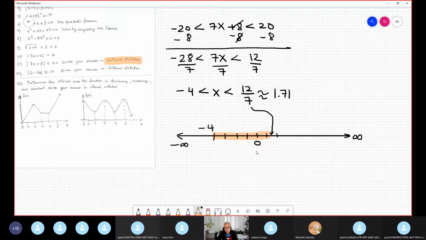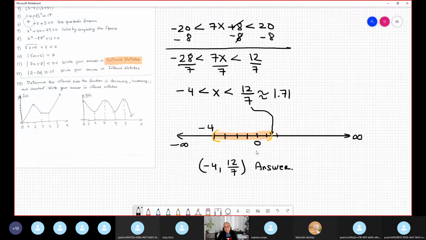And what about the endpoints? Not included. How do you know? Because we have no equal sign here. No equal sign, no endpoint included. Okay. Now, what is the final answer? The final answer is parentheses, negative 4, comma, 12 over 7, parentheses. Answer.